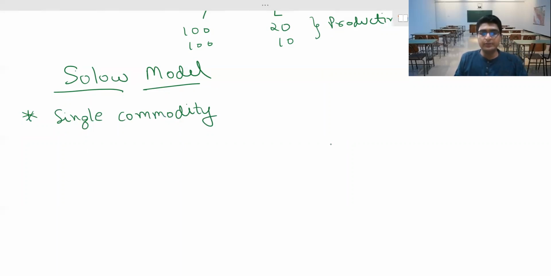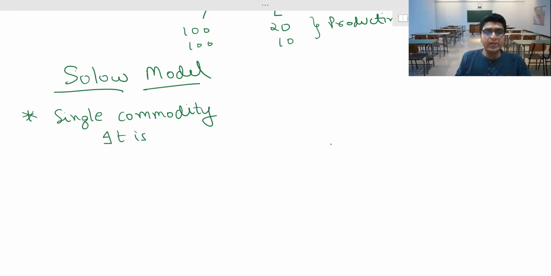So if we just assume that there is a single good that is being produced, then obviously if you understood that, then you can do the same thing for other goods as well. So taking a single commodity simplifies the model, and at the same time there is no loss of generality.